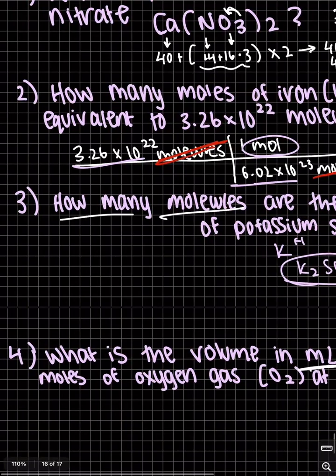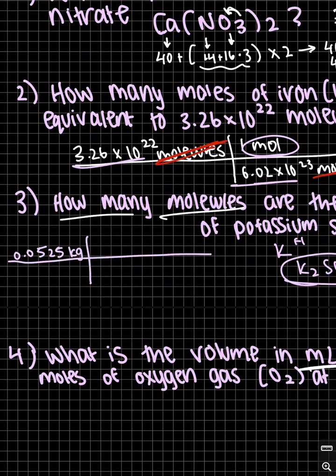So I have 0.0525 kg. Well, first things first, I do want to convert that kg into grams. So 1 kg is 1,000 grams. That way kilograms and kilograms cancel out.